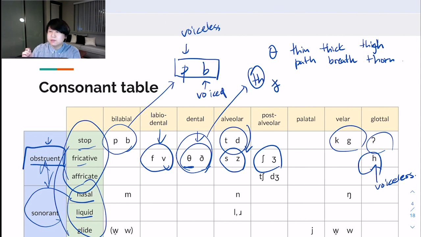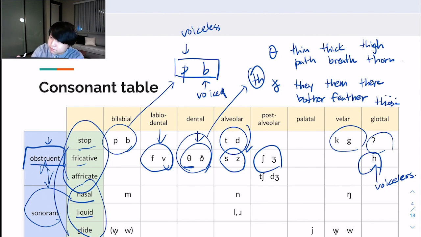The other sound is the voiced counterpart of it, the ones you find in they, them, their, bother, feather. Those th sounds are the ones that are voiced.